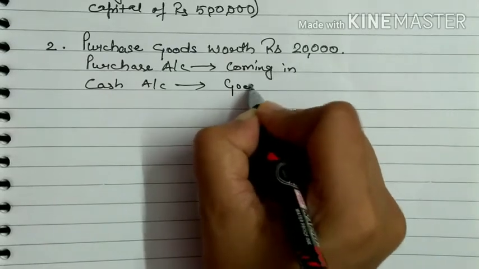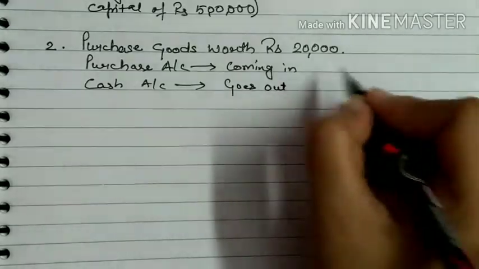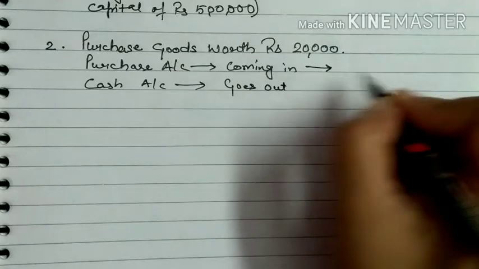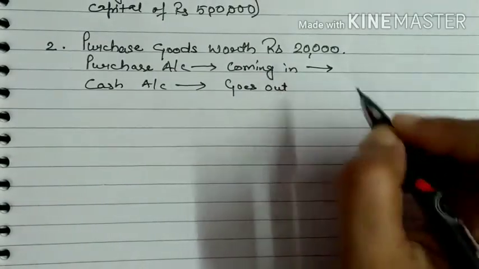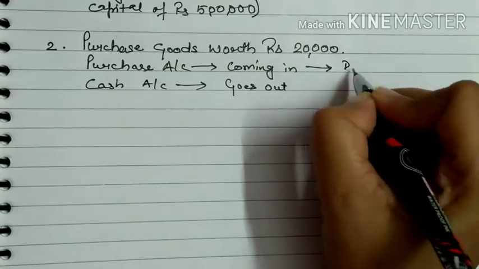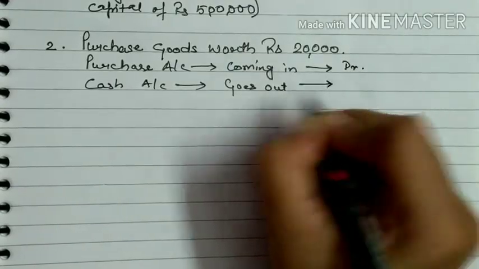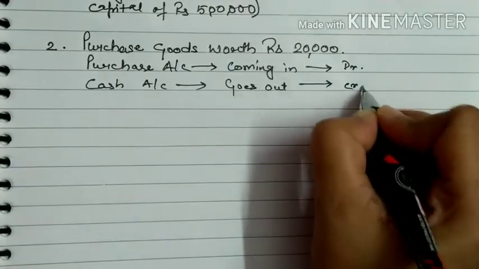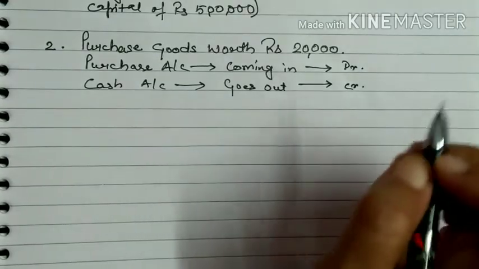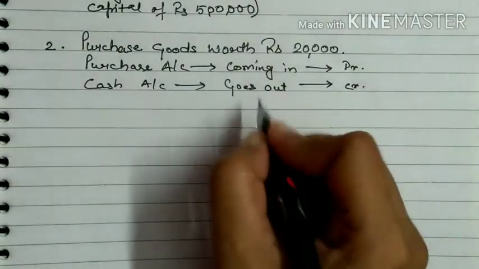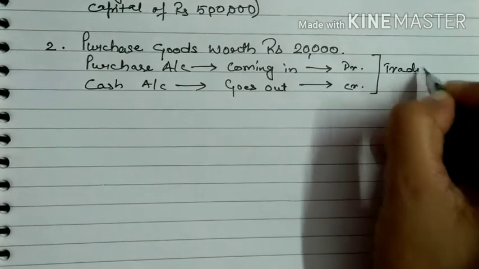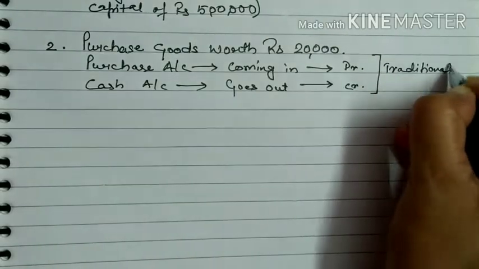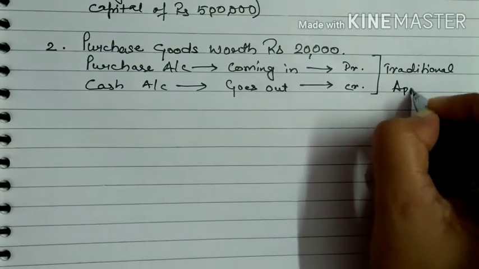So what will be the rule? Purchase debit what comes in and credit what goes out. So purchase account is to be debited and cash account is to be credited. Fine. This is according to the traditional approach.